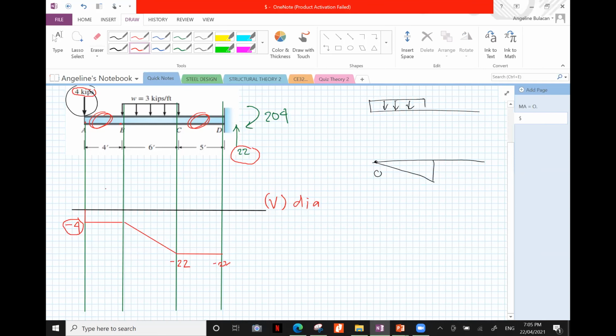Para naman sa moment diagram, labelan natin ng area 1, area 2, tsaka area 3. Gawa tayo ng another line.